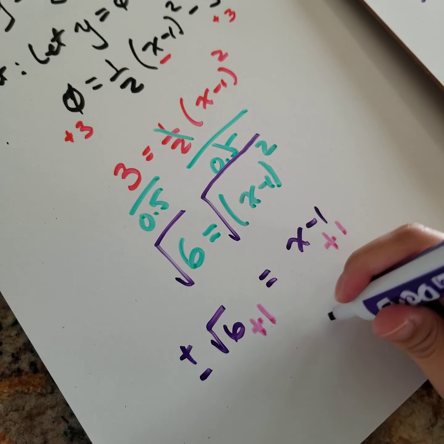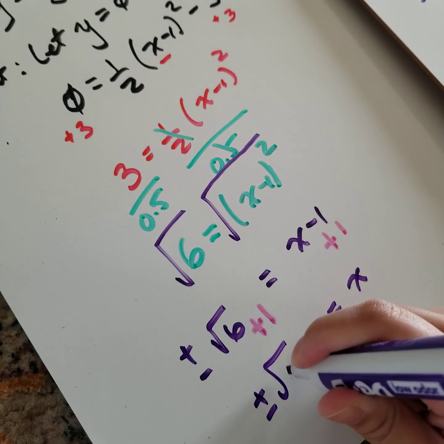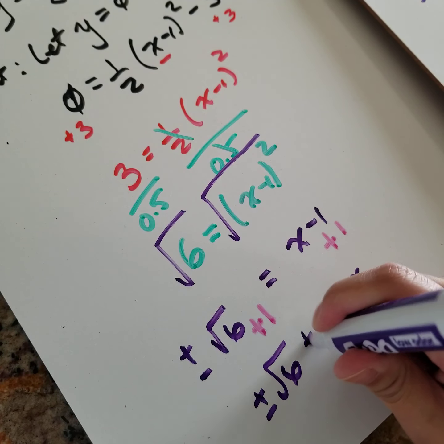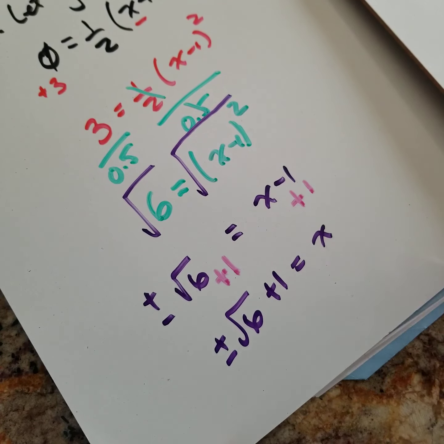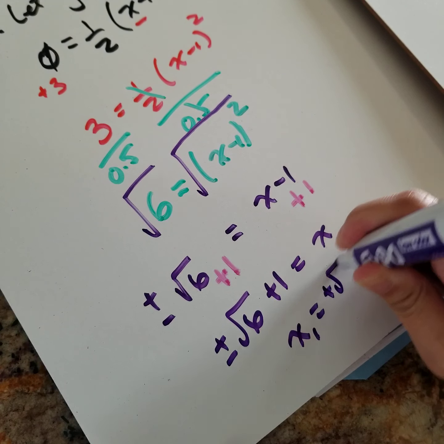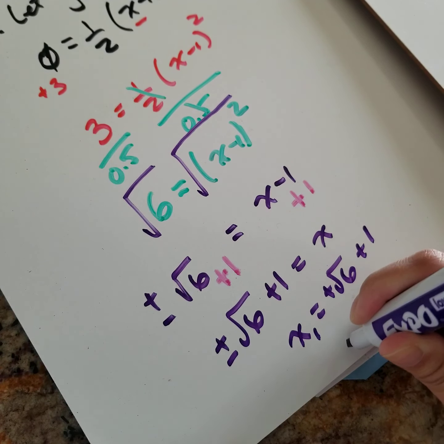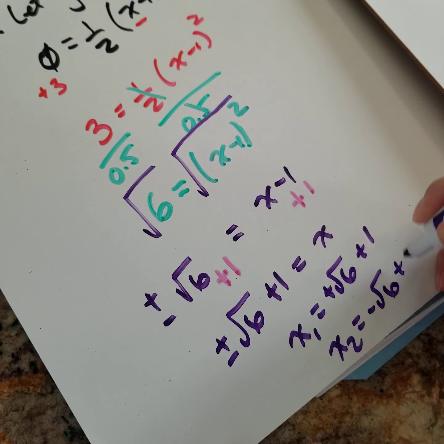So I'll have x is equal to plus or minus the square root of 6 plus 1. So our 2 answers are going to read as x1 is equal to positive root 6 plus 1, and x2 is going to be negative root 6 plus 1.